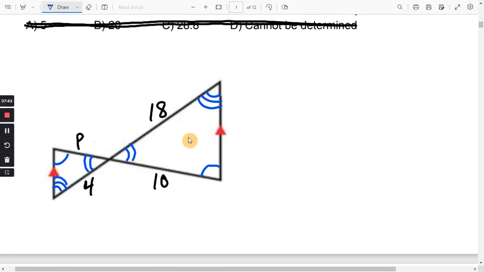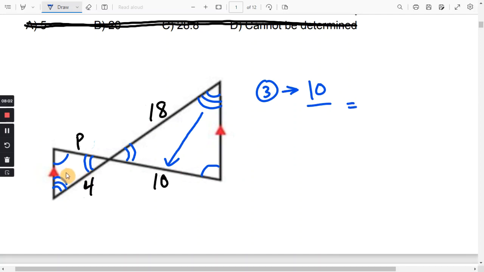If you go across the one with 2 marks, there's no side length, so we're not going to use these. But if you go across from the 3, that's a 10.